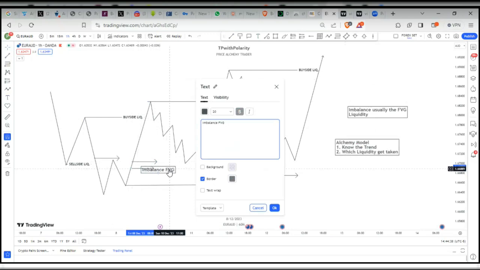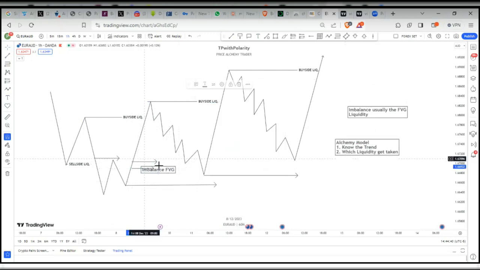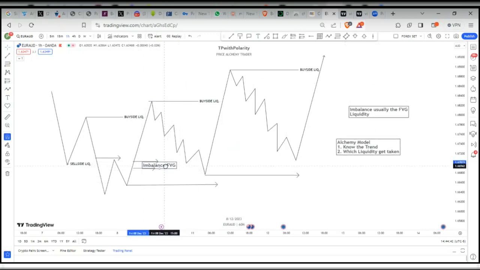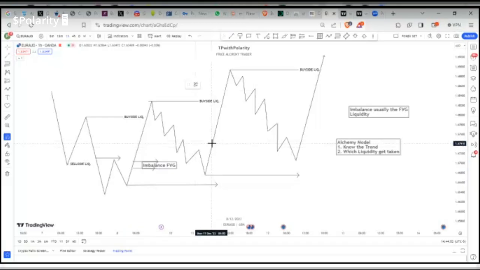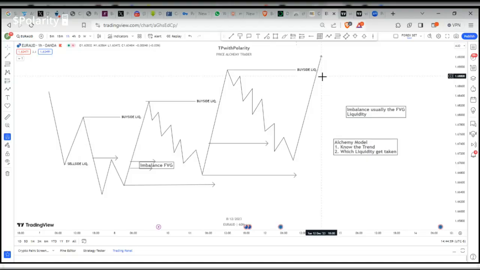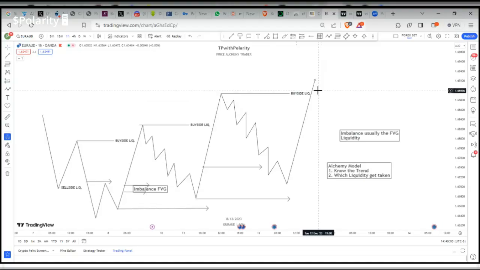So you expect the market to trade right back into this nearest imbalance draw on liquidity before taking out another liquidity above. So it draws back into a liquidity as a bias before taking out another liquidity.